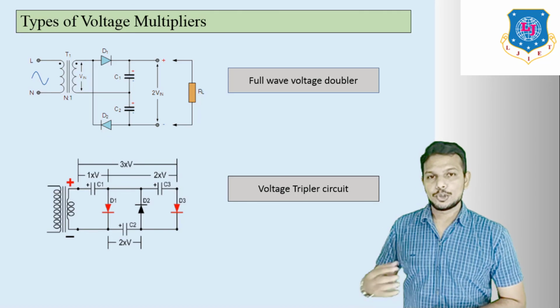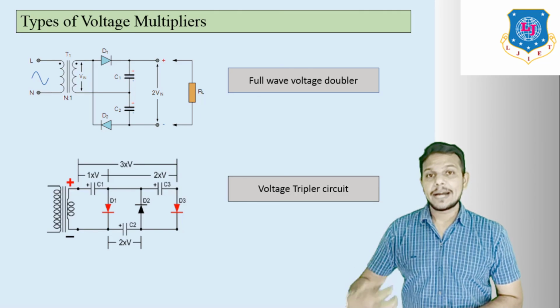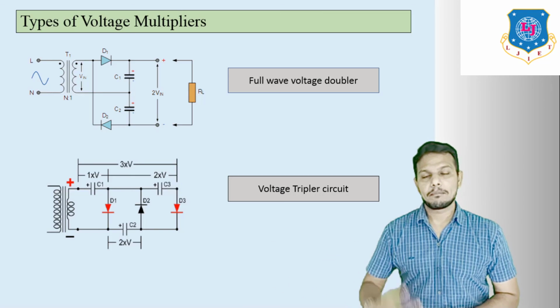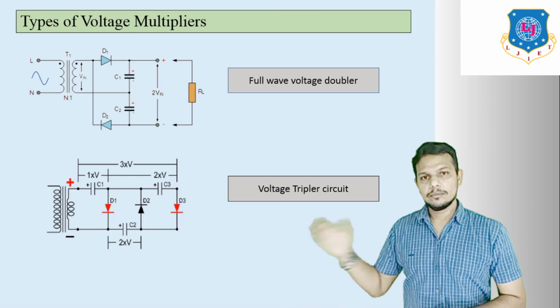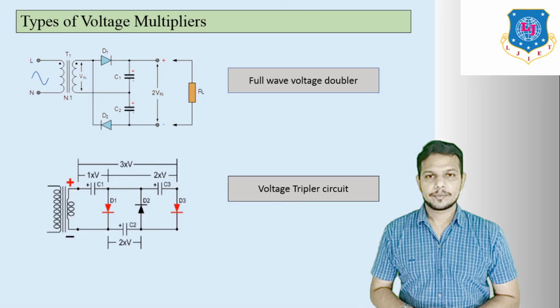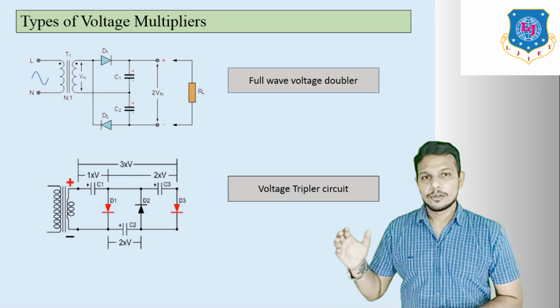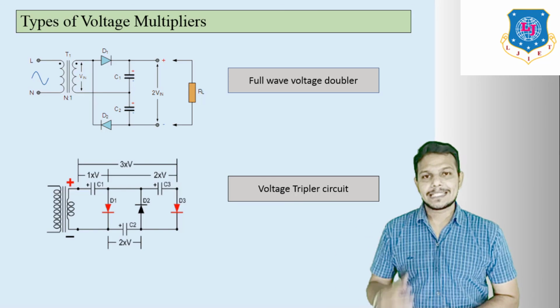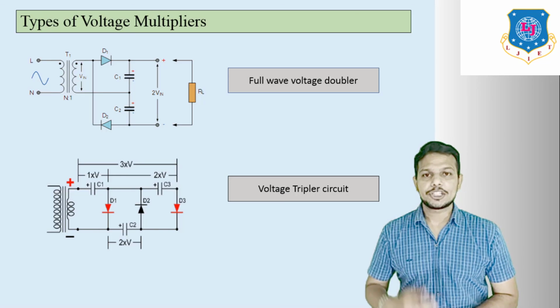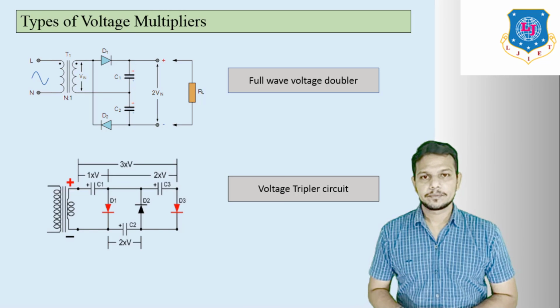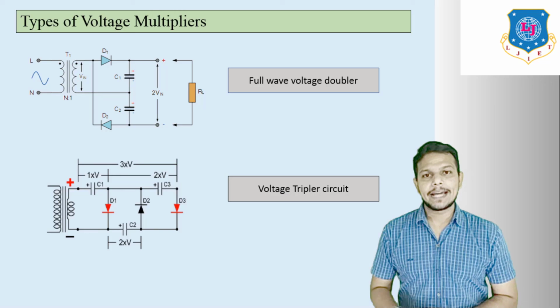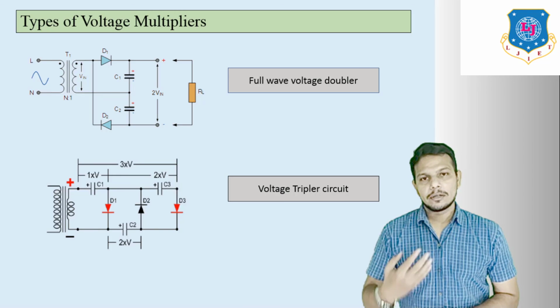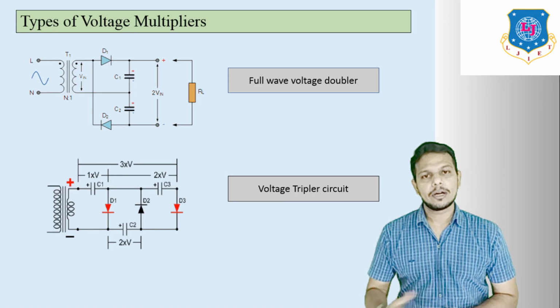That means you can make an n-fold voltage multiplier by adding diodes in this manner. So this is the voltage tripler circuit, and similarly you can make a voltage quadrupler circuit. That means you will get 4 times Vm at the output side.